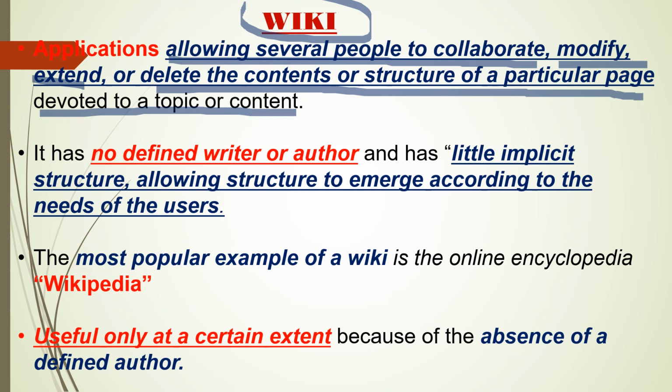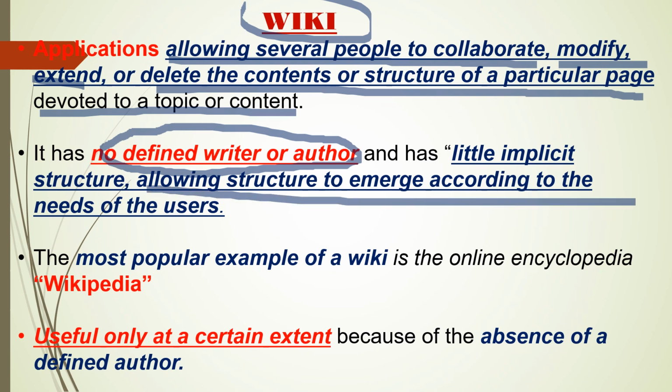So next one, it has no defined writer or author. We cannot determine who provided that information. So it has little implicit structure, allowing structure to emerge according to the needs of the users. So the most popular example of a wiki is the online encyclopedia Wikipedia.